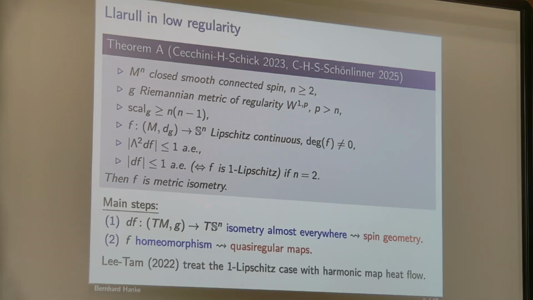Namely, we have, again, a closed smooth connected spin manifold of dimension at least 2. And now we assume that G is a Riemannian metric of this lower regularity, as I explained before, with scalar curvature distribution bounded below by n times (n minus 1). And as a comparison map, I take a Lipschitz continuous map of degree non-zero.